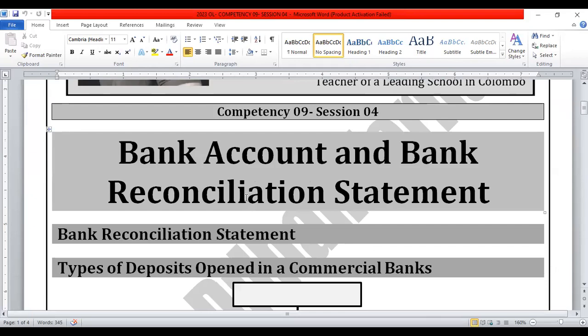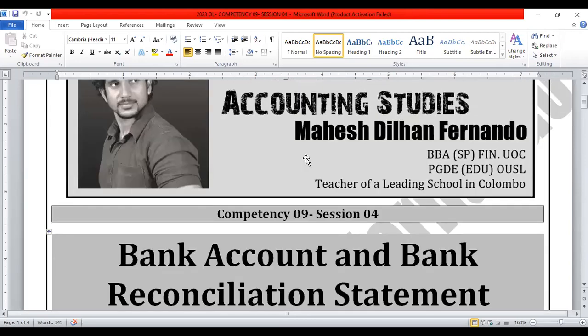bank reconciliation statement. When I was preparing this, I was thinking, what is the best way? Because this is a brand new lesson to you. You have never discussed anything like this before. Therefore, I was thinking, what is the best way where I can introduce this lesson to the kids?